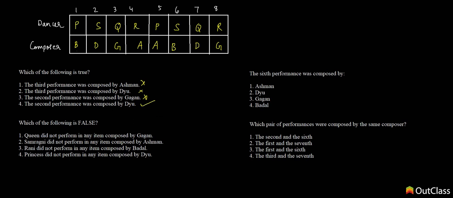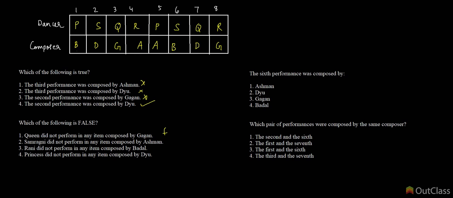Next question, which of the following is false? Queen did not perform with an item composed by Gagan. She did. So that is false. So that is the false option there. Let's look at the other ones.